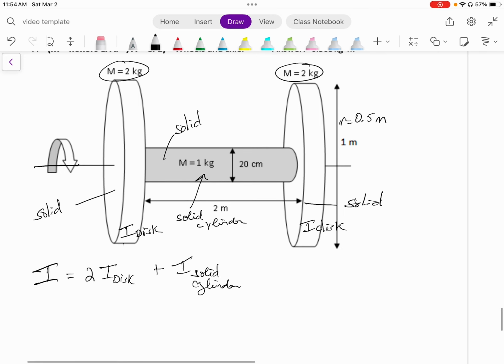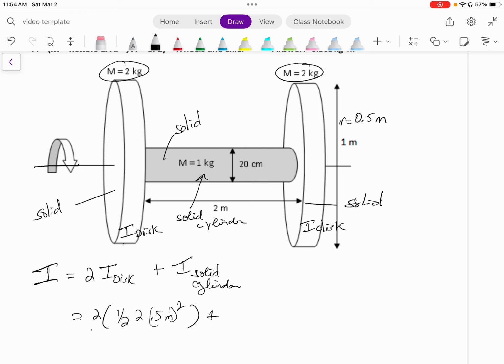And we can calculate it now that we have kind of an estimate of what we're doing. So a disk is 1/2 the mass, so we have 2 kilograms times the radius squared, 0.5 meters, and I'm going to square that. And then don't forget I have to double it because I have 2 of them, so that's why I have a 2 out there.